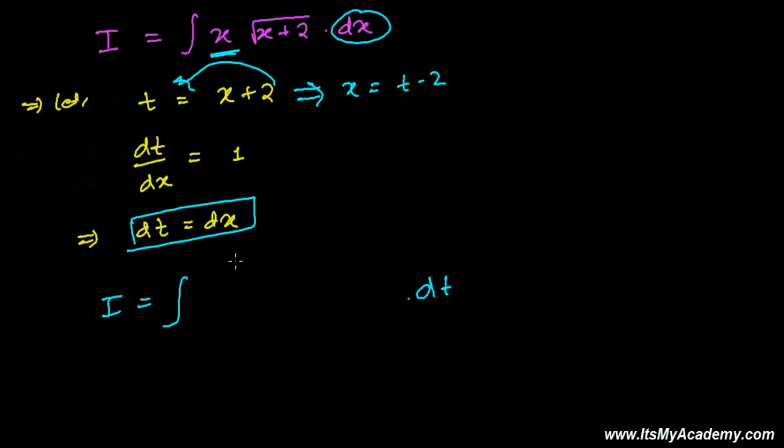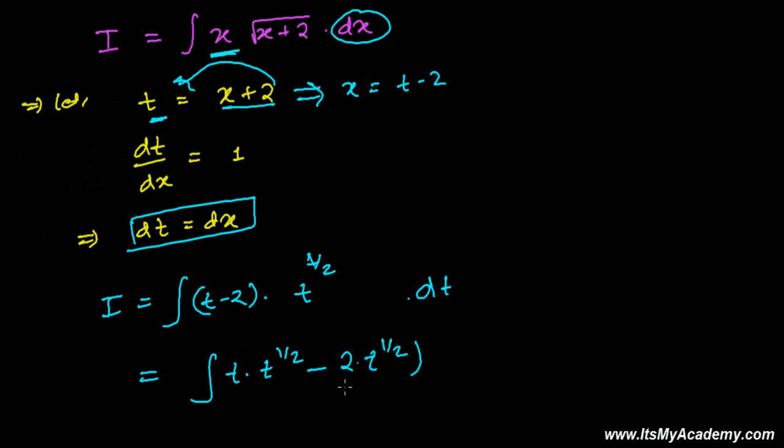So I first write x as t minus 2, and then x plus 2, which I supposed as t, so it's t, and the root means the power is half, so t to the power half. Overall, t minus 2 is multiplied by t to the power half, and then dt.